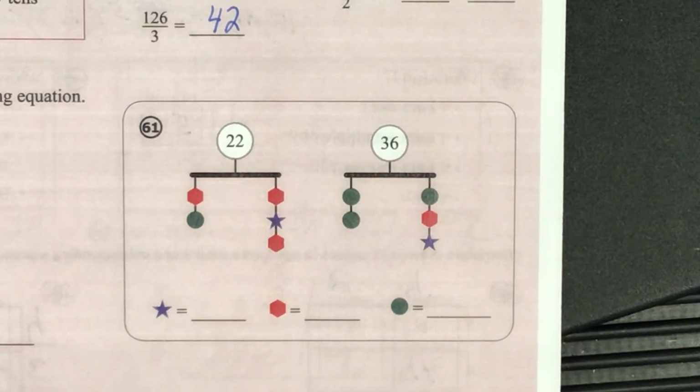We need to split these in half. Yeah, this will probably be the easiest one first. Then you can figure out the green dots in.